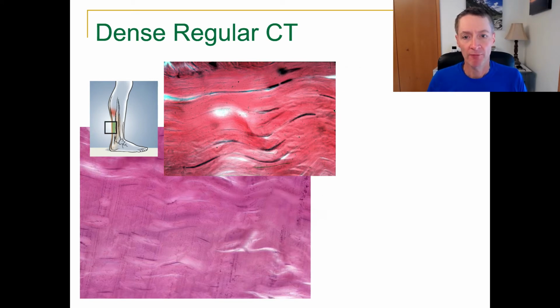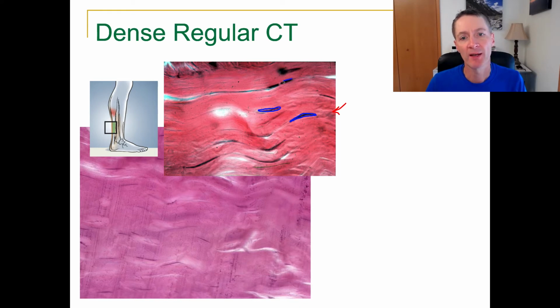So here we have a whole lot of pink, and I see my nuclei of my cells in here, but the nuclei, we'll use blue here for the nuclei. The nuclei are kind of squashed down, kind of like there's not a lot of room for them, and they're just kind of squashed between all of these pink fibers.